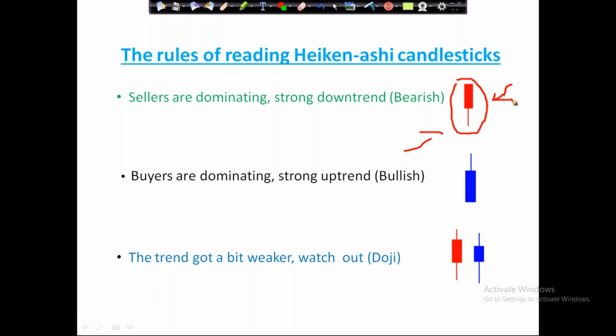Sellers are pushing, very strong sellers, dominating. So forming this type of candle indicates that sellers are still dominating. When this type of candle forms, it means a strong uptrend, or the trend has changed and they are ready to run upside or bullish. And this candle is called bullish.